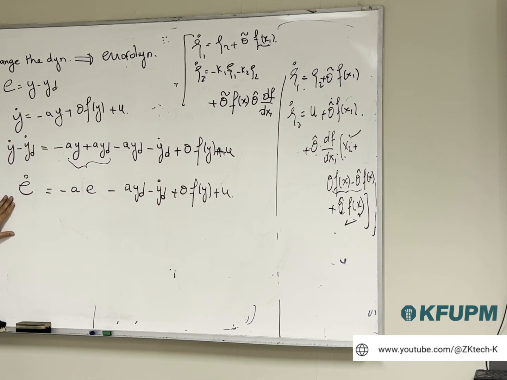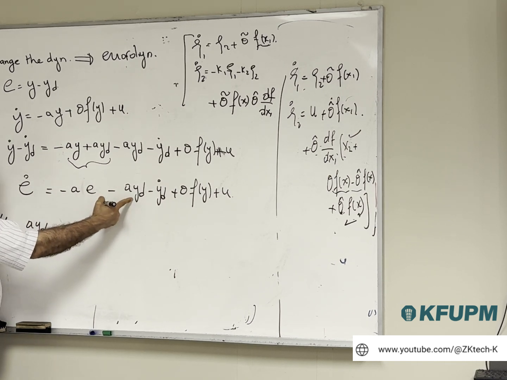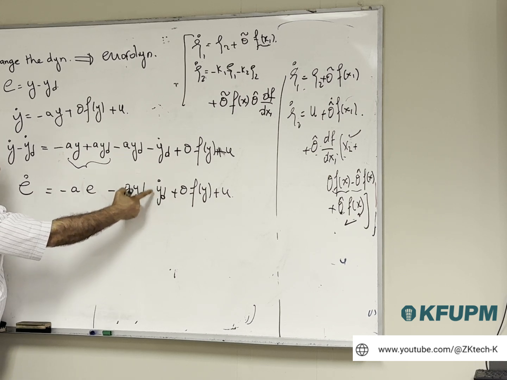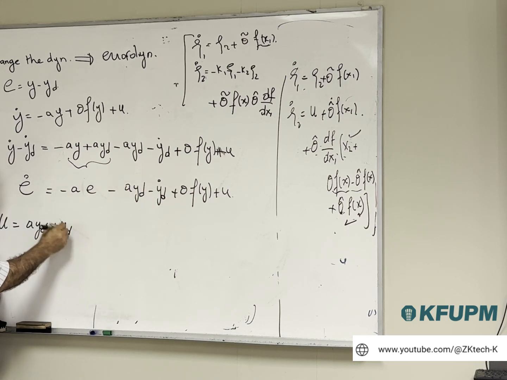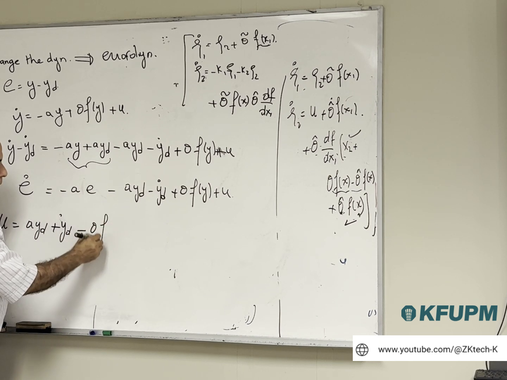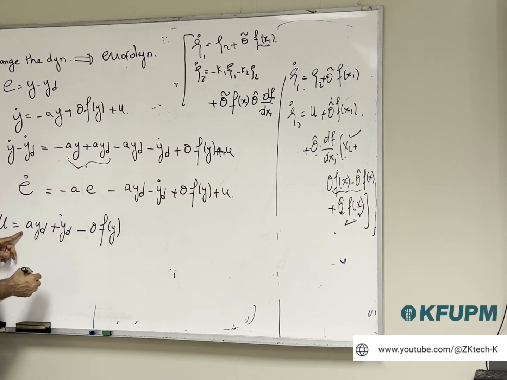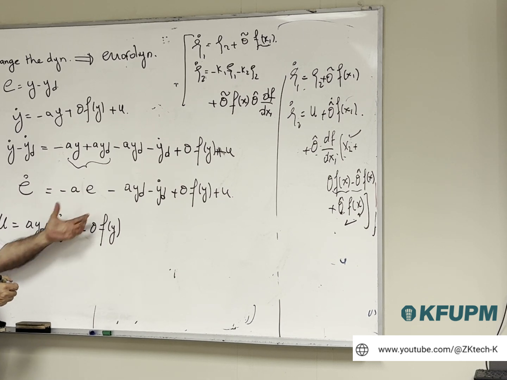In order to obtain the dynamic going to 0 the way I want, I'm going to select u equal to a multiplied by y desired, so I can cancel this. And I know y desired, right? Plus y desired prime is also known, I just have to take the derivative of y desired, minus theta multiplied by f of y. We don't know theta, but you don't have to, I will come back to theta. Don't estimate. So this will cancel all these terms.